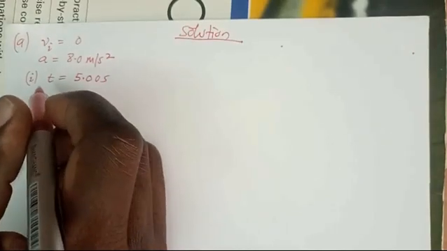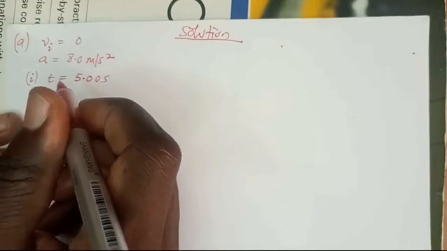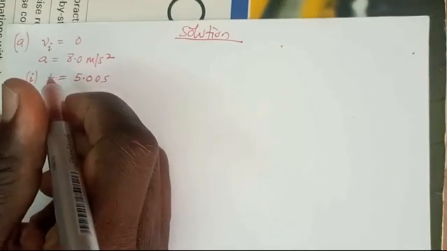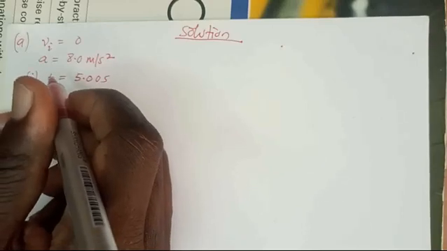So which formula should we use? Yes, choice of formula is very important. If you can see, we are not given the distance traveled, so we avoid equations with s.